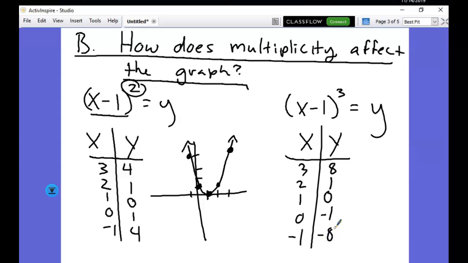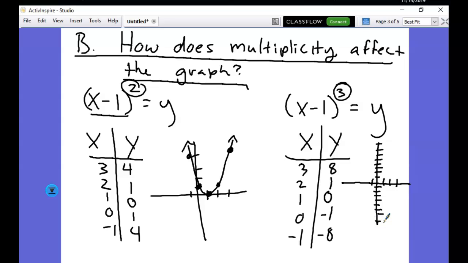So notice that unlike the one with an even power, when you have an odd power, when you have an odd multiplicity, the y values can what? Yeah, or we could say they can change their signs, right? Now let's look at the graph of this one really quick and see what that means for the graph. So I'm going to go over 3, up 8, over 1, down 8.